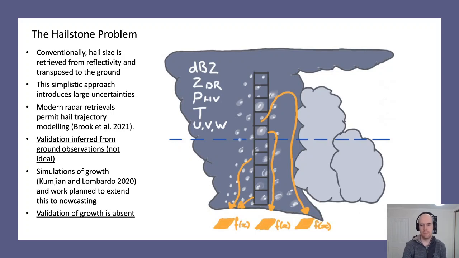However, validation for these new retrievals is still most often inferred from ground observations, which is not ideal when you have trajectories aloft. Simulations of growth have also been demonstrated over the past few decades, most recently by Kumjan and Lombardo 2020, and work is planned to extend this to nowcasting in the future. However, validation of growth is also absent.